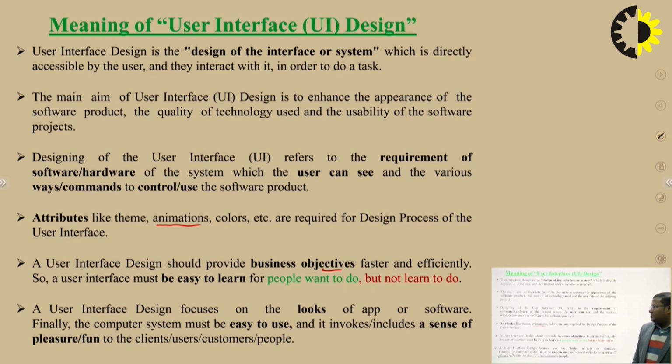So a user interface must be easy to learn. People want to do work with the system, but they need not learn how to do it. A user interface design focuses on the looks of the application or software. Finally, the computer system must be easy to use and include a sense of fun or pleasure to the clients, users, customers or people.